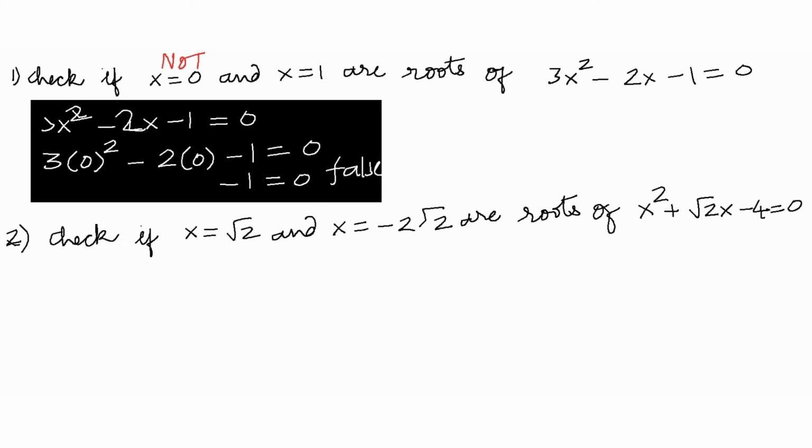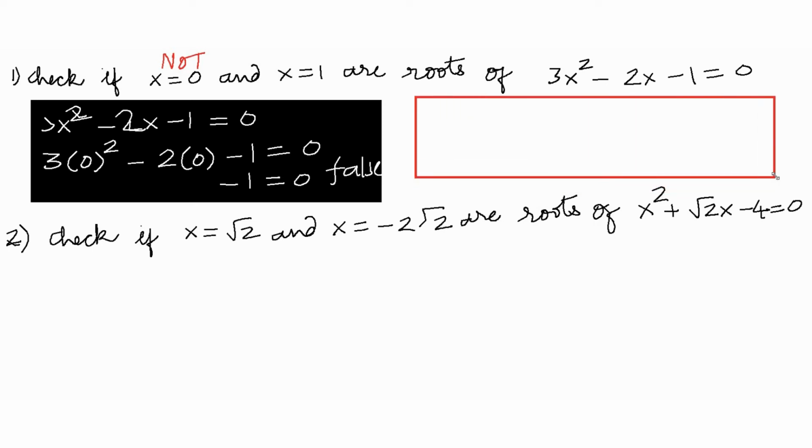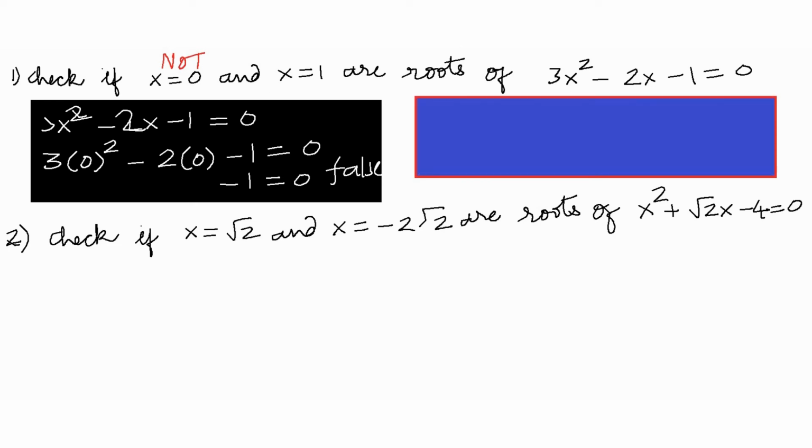Let's now try the same thing with the second value of x. The second value of x is 1. So let's try whether 1 is the root of the given quadratic equation. So let's again substitute the value of x in the given quadratic equation. So 3 times 1 square minus 2 times 1 minus 1 equals 0.